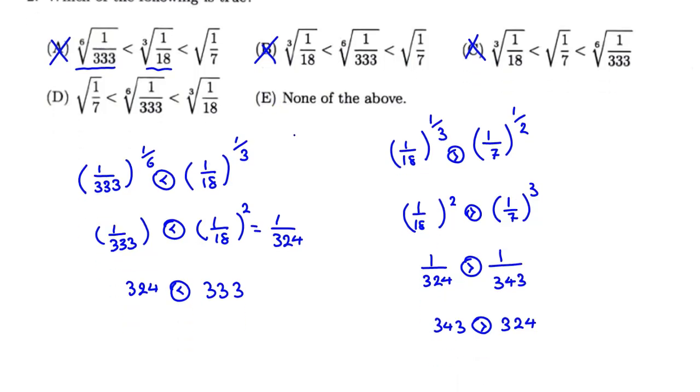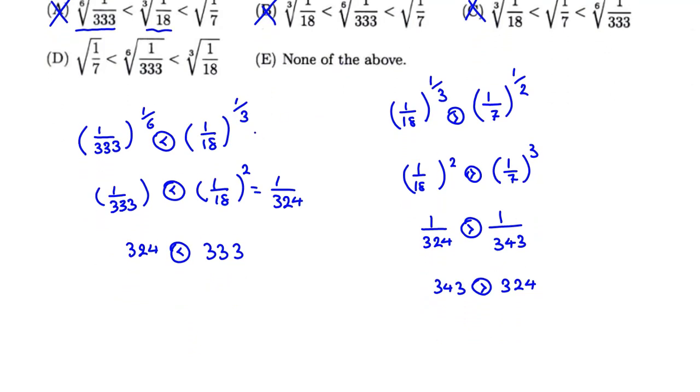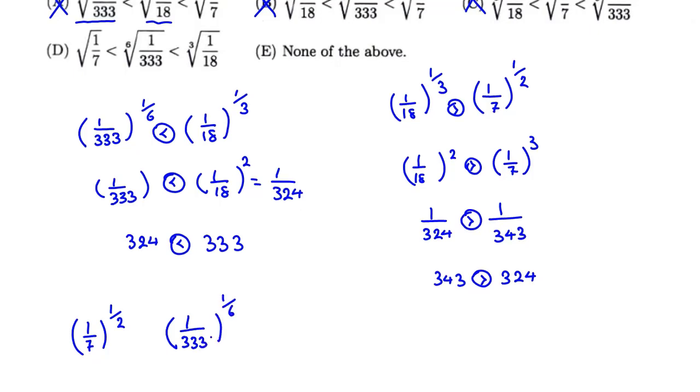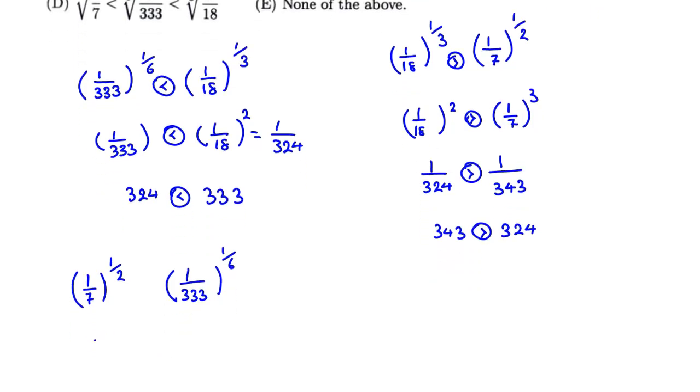Because we have one choice that says none of the above, we should check which numbers. 1 over 7 to the power of 1 over 2 and 1 over 333 to the power of 1 over 6. Now we raise both of them to the power of 6. It will be 1 over 7 cubed and 1 over 333 to the power of 1.